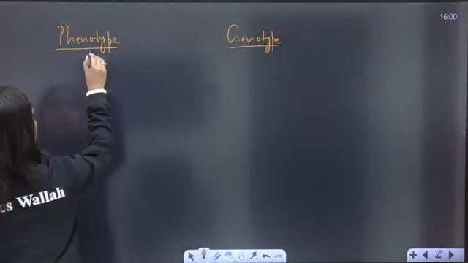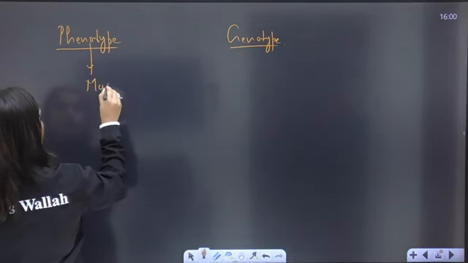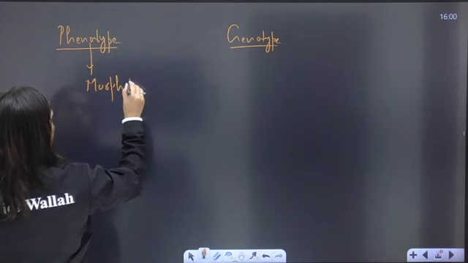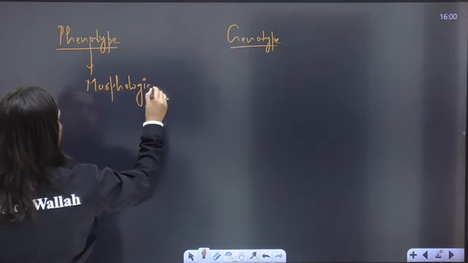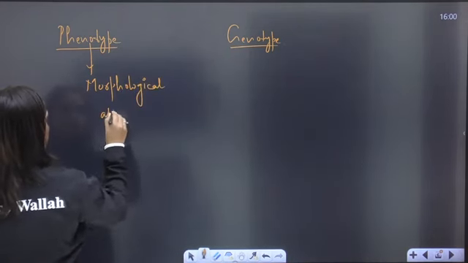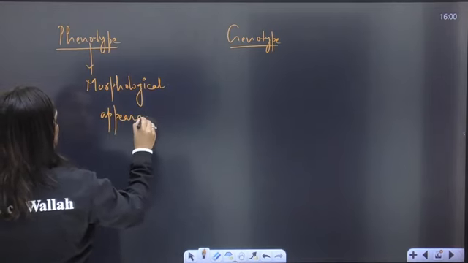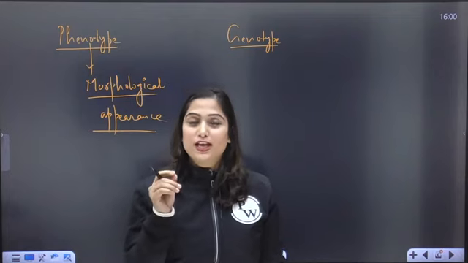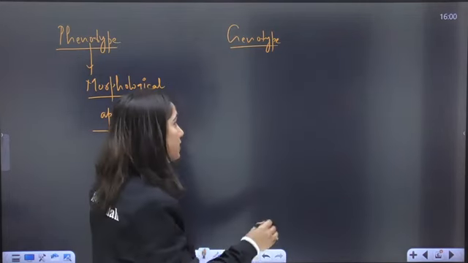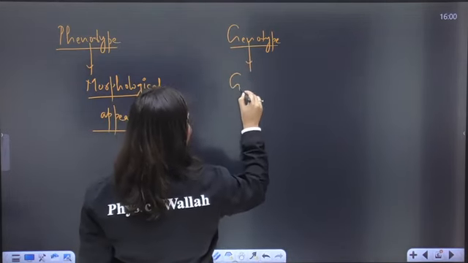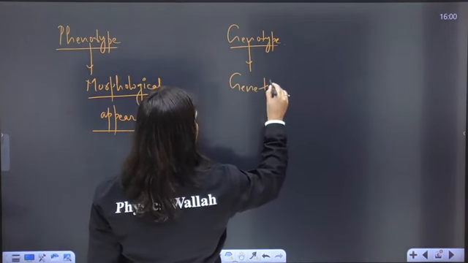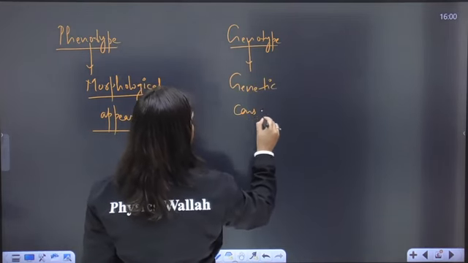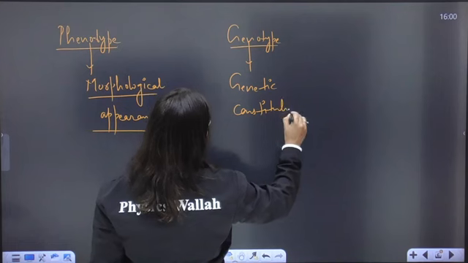So the external or morphological appearance is the phenotype of any organism. And genotype represents the genetic constitution of the organism, which we cannot see from outside.